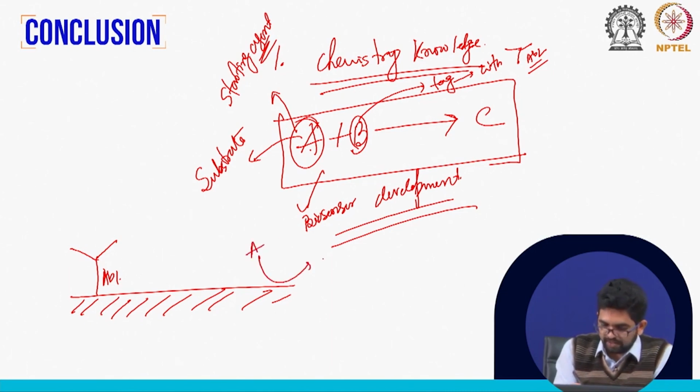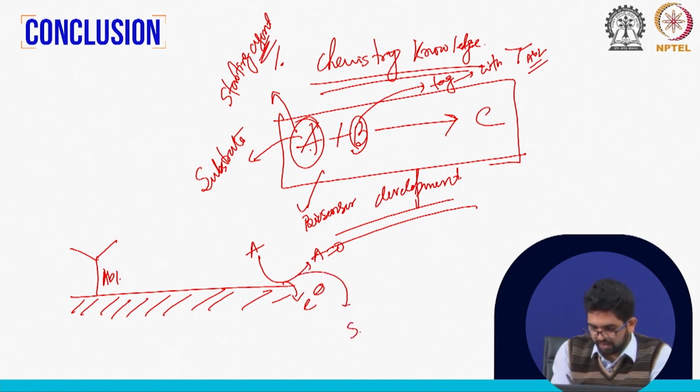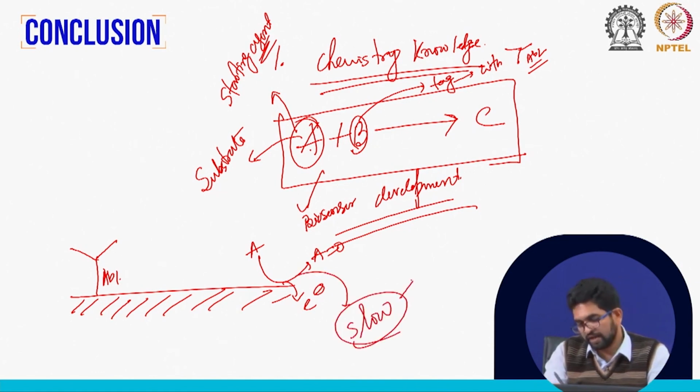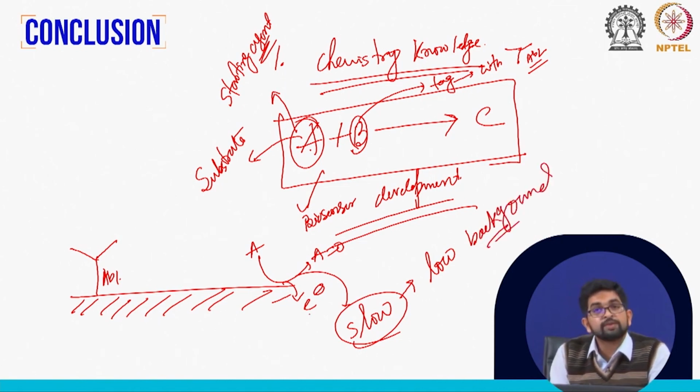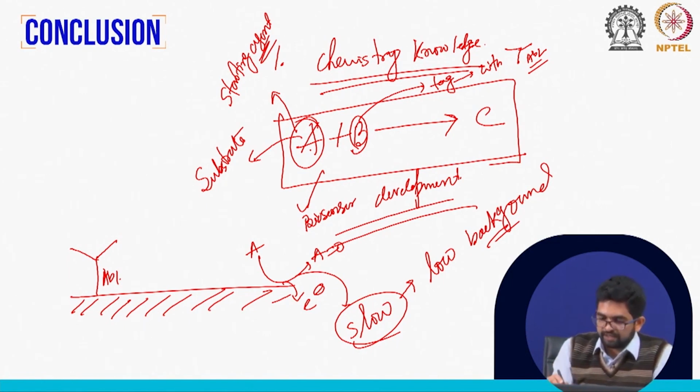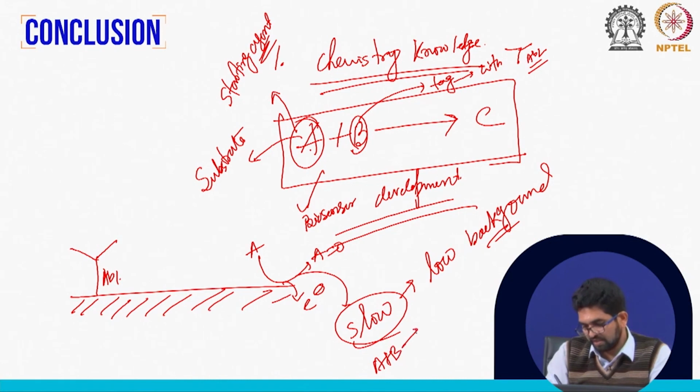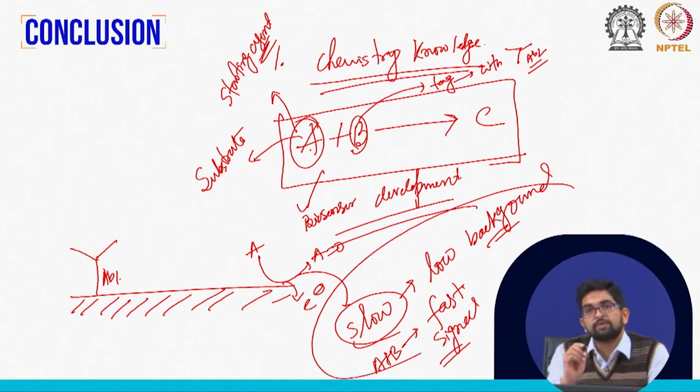If A forms A ox, releasing some electron, this reaction should be very slow to get low background. To get the lower background, this should be very slow. Now, if A reacts with B, A plus B, this reaction should be very fast, then only you will get the signal. So, this control experiment you have to measure before the sensor development.